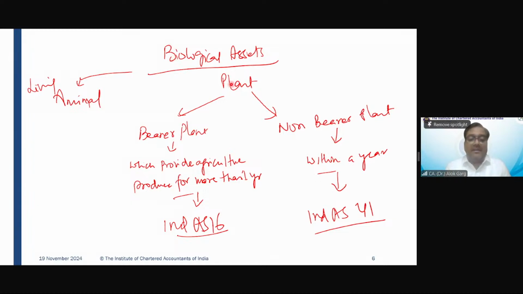There are two kinds of biological asset, living animal or plant. If I talk about living animal, this standard is applicable to the living animal when it is related to agricultural activity. Okay, correct? When it is related to agricultural activity.